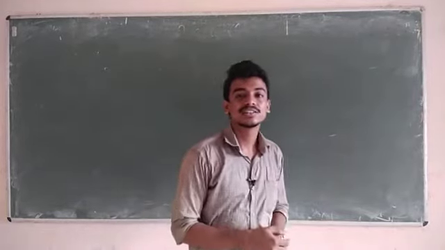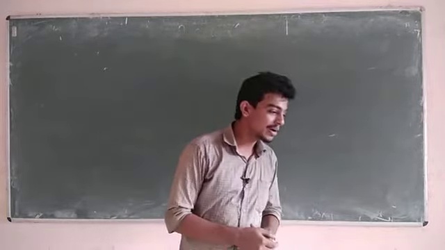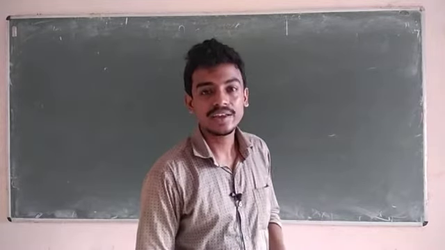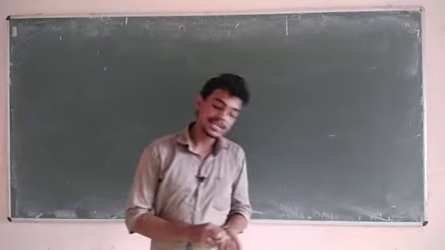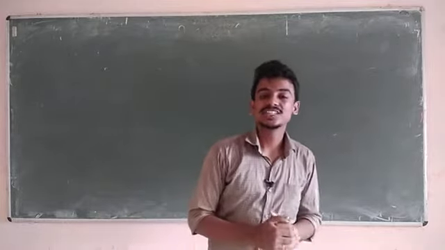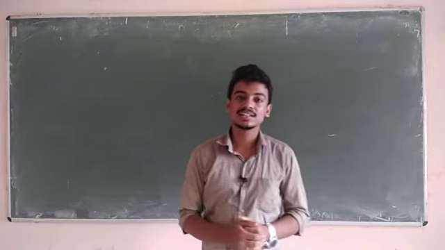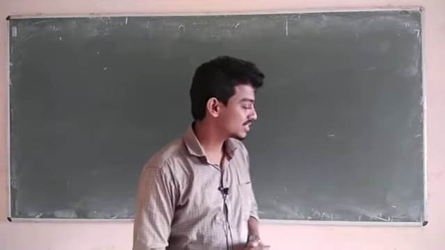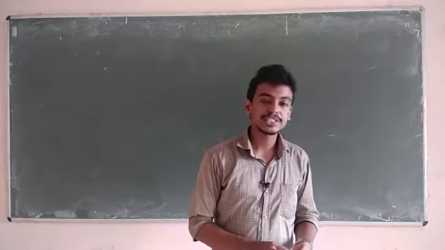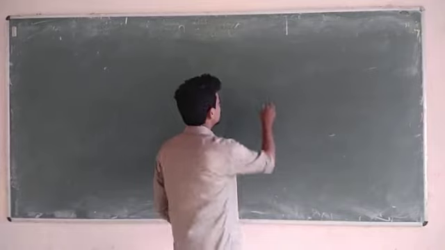In this class, we will study the elongation of a bar. That may be prismatic or non-prismatic, but in your syllabus only the prismatic bar is there. So we'll first study the prismatic bar. What is a prismatic bar? I already told you in the previous class.